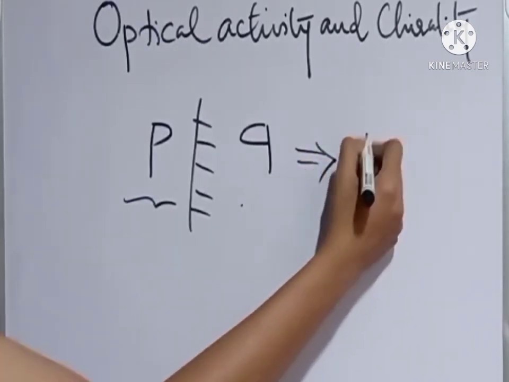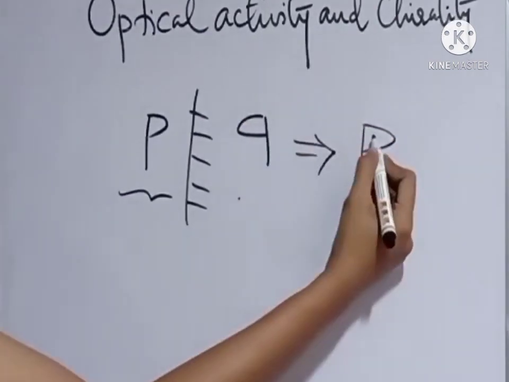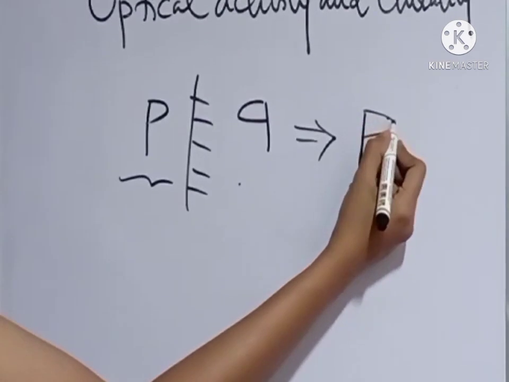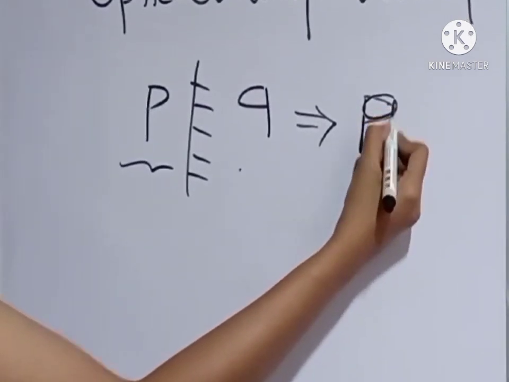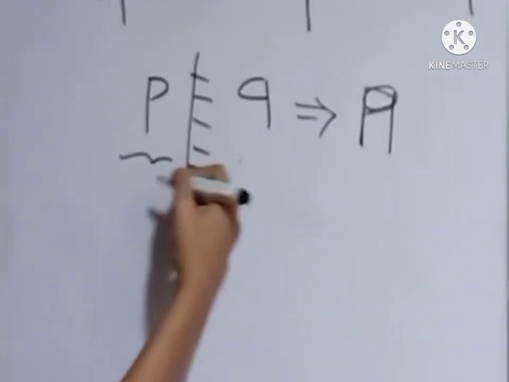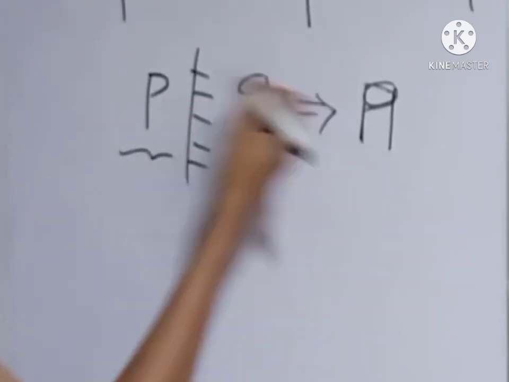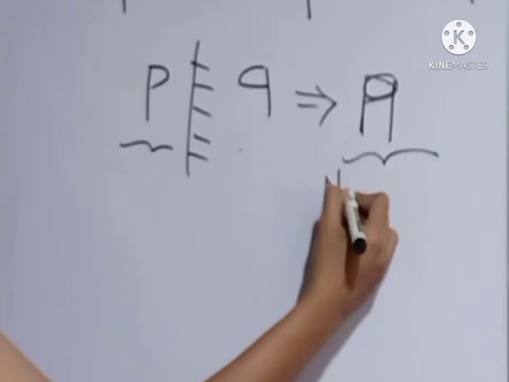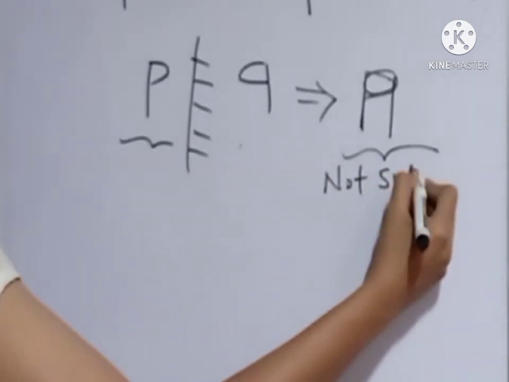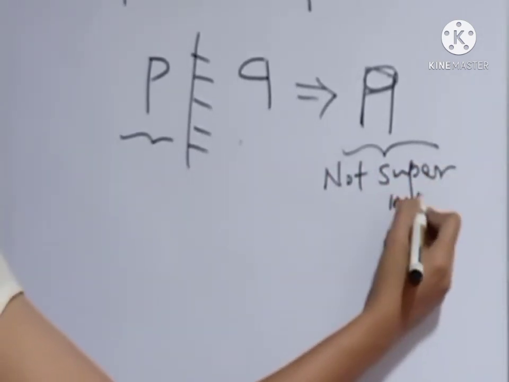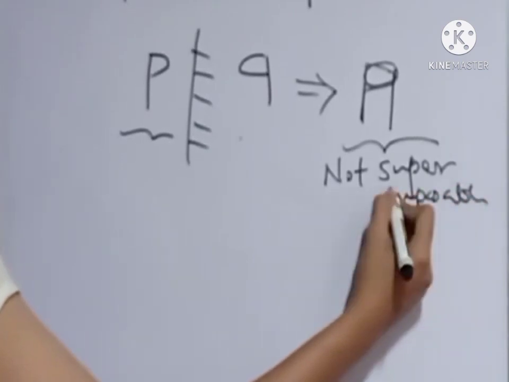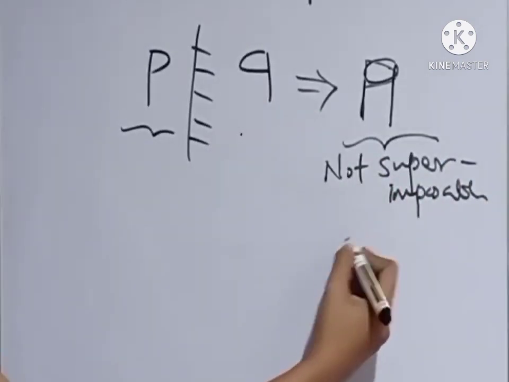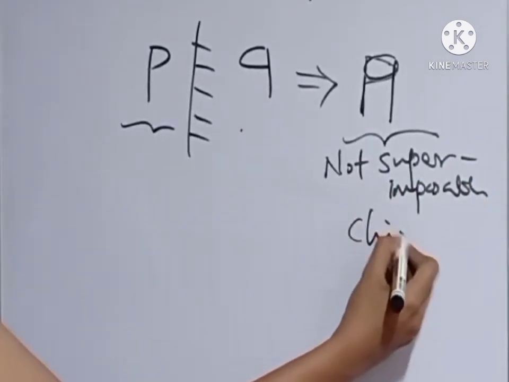If we place the mirror image over the object, it will appear like this. That is, the mirror image of P is not superimposable on the object P. Hence, it is considered as chiral.